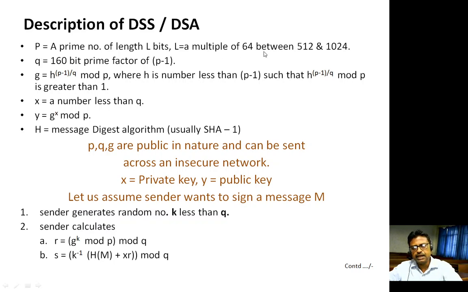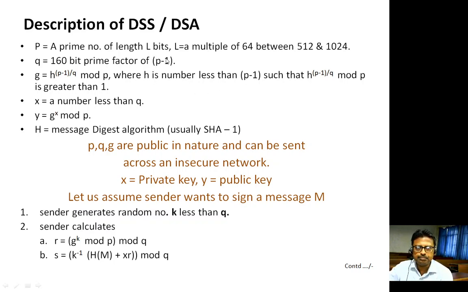Whatever value of P we have assumed, we take P minus 1, and we consider Q as one of the factors of P minus 1, represented as a 160-bit number. Another value is G, and G is H to the power (P minus 1)/Q mod P, where H is a number less than P minus 1.